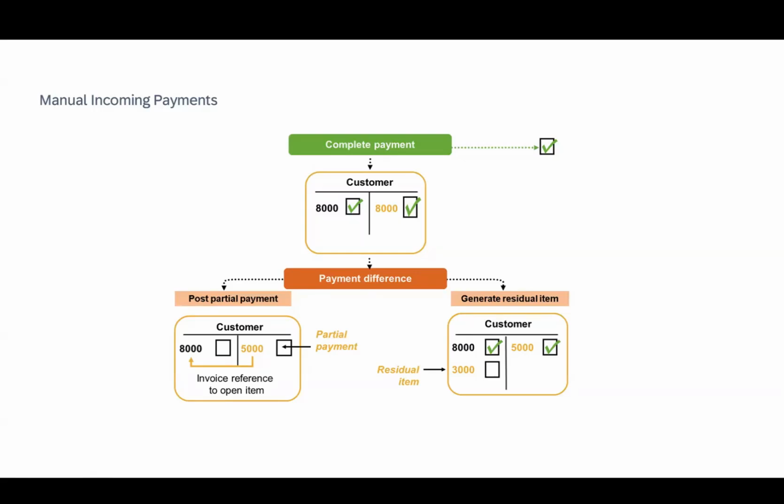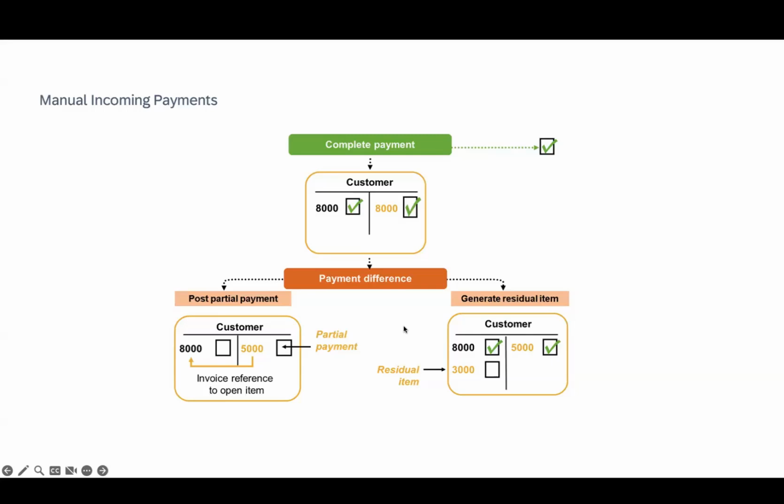With incoming payments, if we get a complete payment, you can see that that works out all right. Everything's ticked off and the item is cleared. So the invoice for 8,000, we got 8,000 in cash in and that's cleared out. If we have a partial payment, so if we only get 5,000, we can treat it as a partial payment. So the 5,000 is applied to the 8,000, leaving 3,000 as an open item.